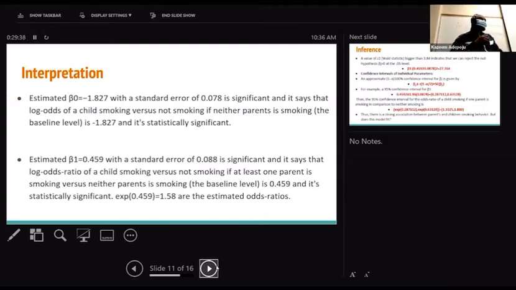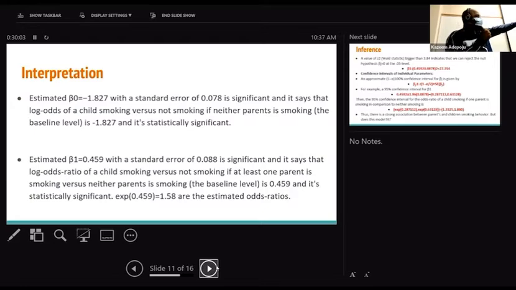You remember we did the same in a linear regression, where I asked you to start by interpreting the intercept. Now, in the logistic regression, how do you interpret the intercept? It's trying to say the log odd of a child smoking versus not smoking if neither parent is smoking is that.